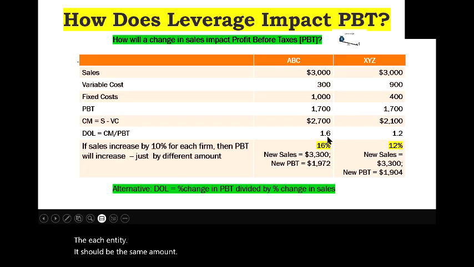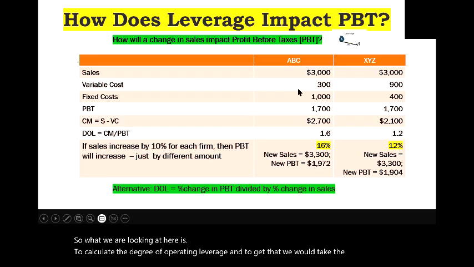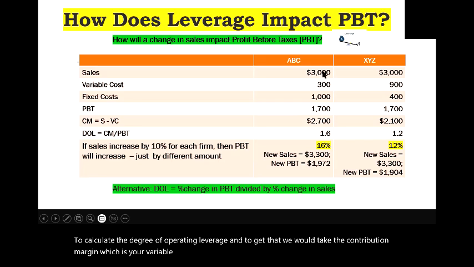So what we are looking at here is to calculate the degree of operating leverage. And to get that, we would take the contribution margin, which is your variable cost subtracted from your sales. So 3,000 minus the 300 would give us 2,700.